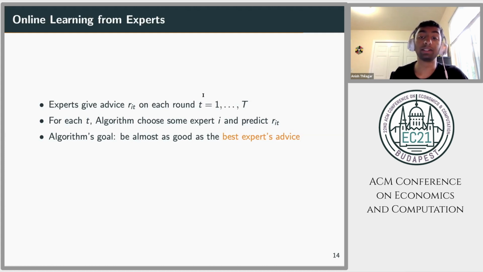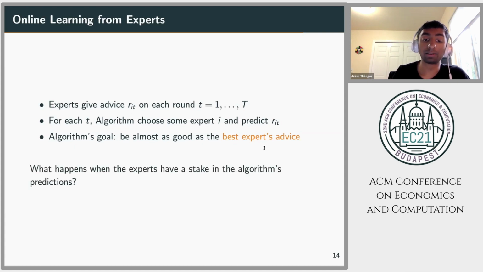We have a series of rounds from 1 through T. On each round, the experts give us some advice, and our algorithm will choose the advice of one of them and use that as its prediction. The goal of the algorithm is to be almost as good as the best expert's advice. This is the standard online learning from experts situation.